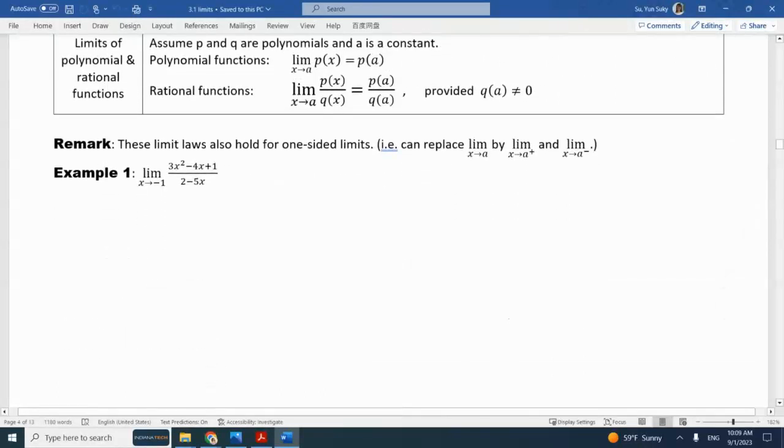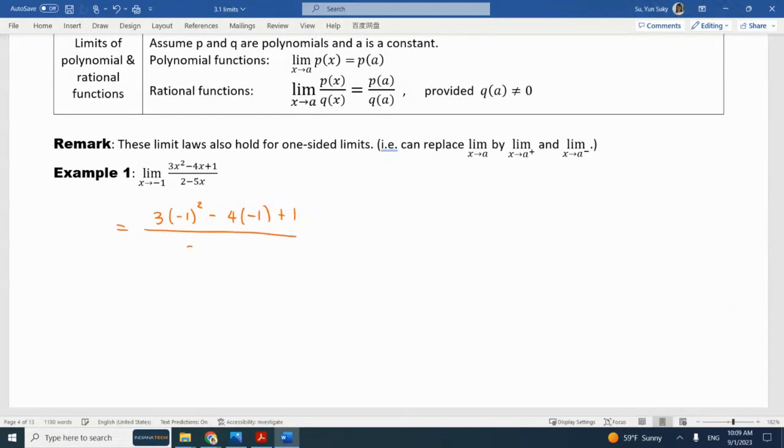So that's why here, number 1, limit x goes to minus 1. So we plug in minus 1 and see what happens. So we get 3 times minus 1 squared minus 4 times minus 1 plus 1 all over 2 minus 5 times minus 1.